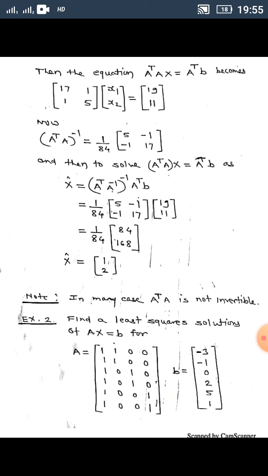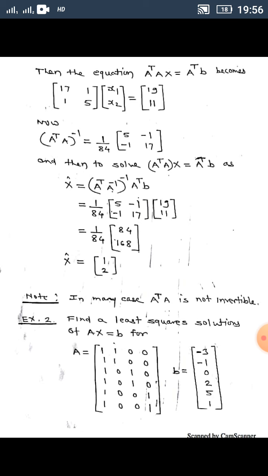So we write A transpose A inverse as the pre-multiplication of A transpose B. So A transpose A inverse into A transpose B is x cap. Cap indicates what I have written on the x top; cap means a vector. 1 upon 84, 5 minus 1 minus 1, 17, 19, 11.